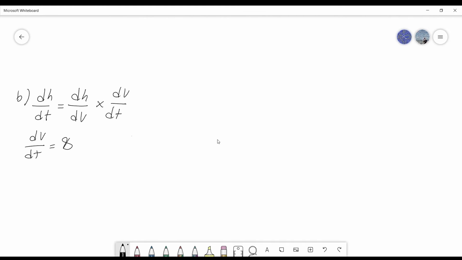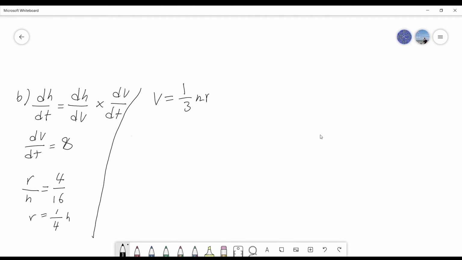So firstly we need to do the ratio. The ratio of the cone is 4 over 16, so r equals 1 over 4 h. Okay. The formula for a cone is 1 over 3 pi radius squared height.